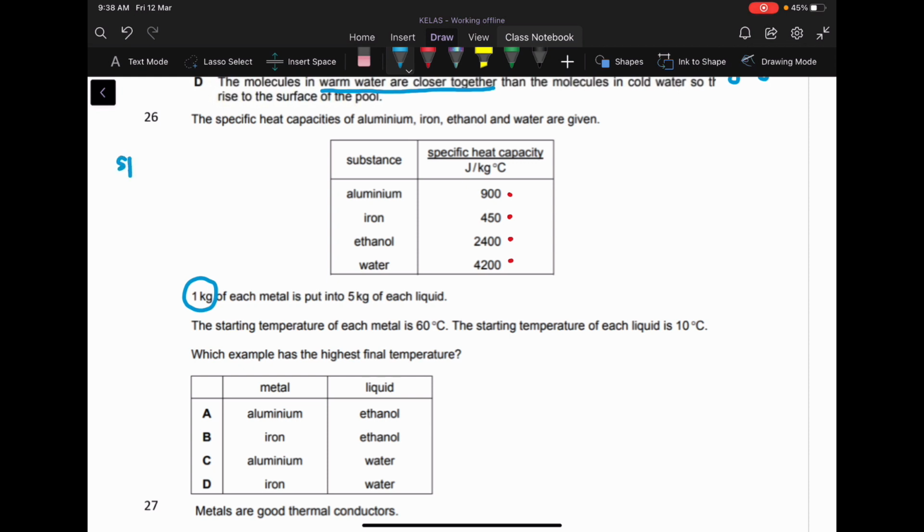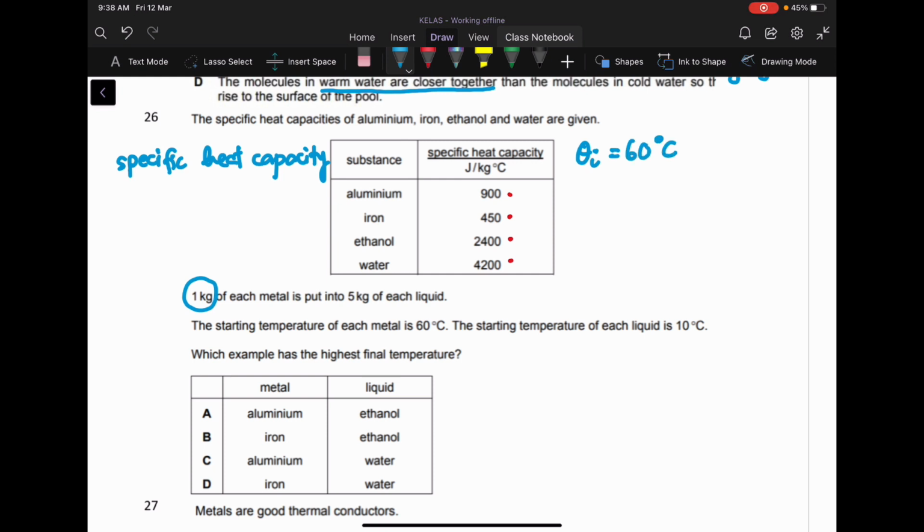So this is about specific heat capacity. It is put into 5 kg of each liquid. The starting temperature of each metal is 60 degrees Celsius. So the initial temperature is 60 degrees Celsius.